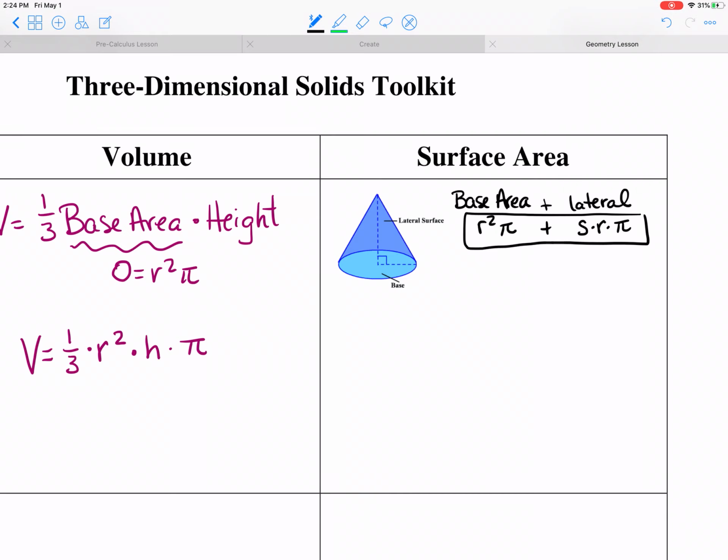So if we were looking at this cone and we had a radius of 10 units and a slant height of 15 units, we would take 10 squared times pi plus 15 times 10 times pi. So 100 pi plus 150 pi is 250 pi units squared.